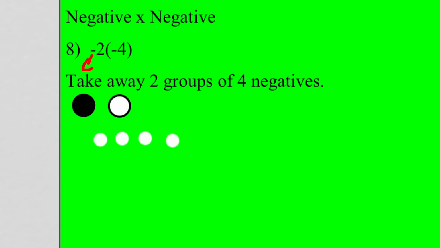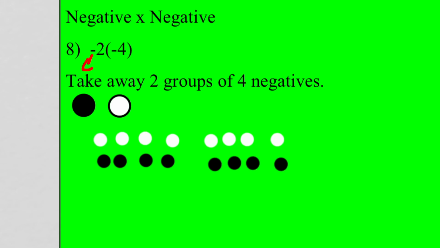Here's a group of 4 negatives, but I haven't taken them away, I've added them. So how do I fix that? How do I make -4 appear without actually having 4 negatives? Well, make 0 pairs, and now I have 0. Pair them up again, and now I still have 0. All over here, this is all equal to 0.